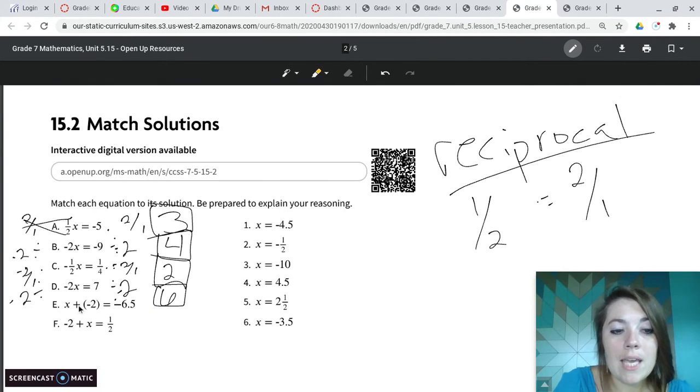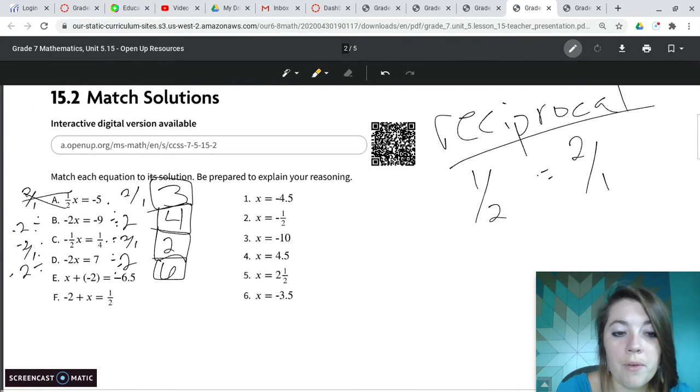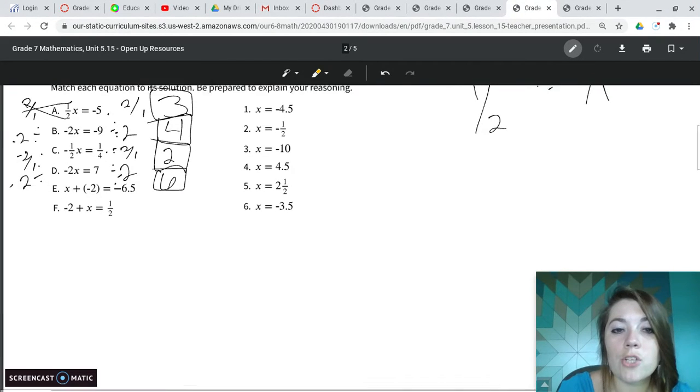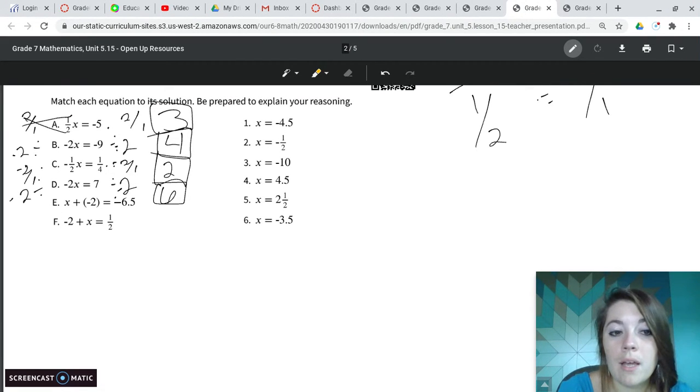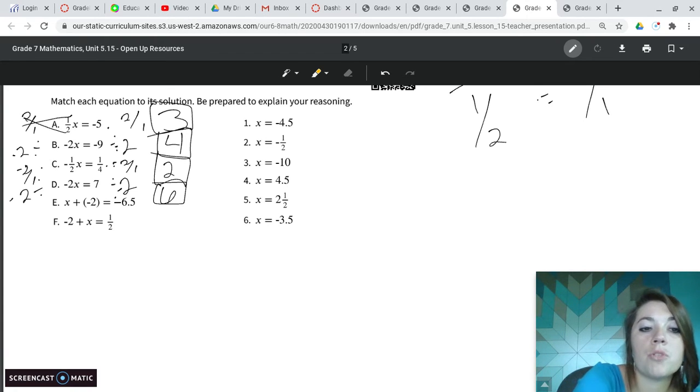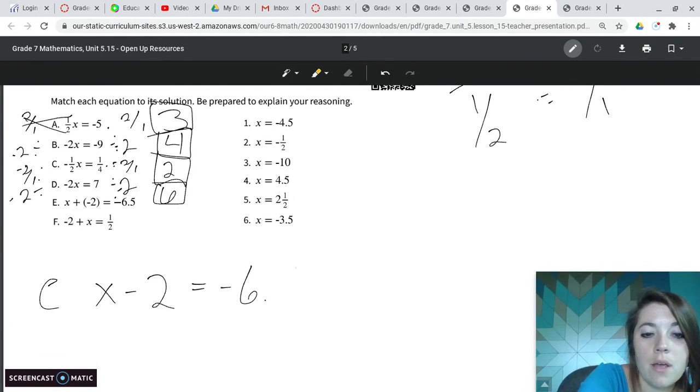All right, for E, x plus -2 equals -6.5. Now be careful here. We have the operation of adding, but our value is negative, so you have to be super careful with that. A lot of times, if we saw this on an assignment, I would say to rewrite it so there's only one sign in between your x and your 2. So I'm going to rewrite E as x minus 2 equals -6.5.